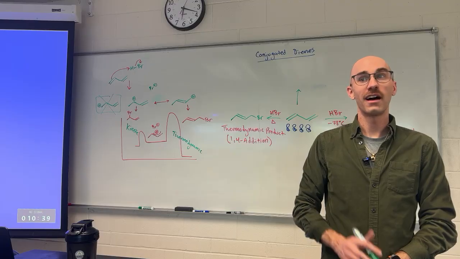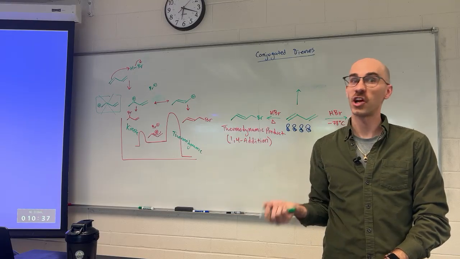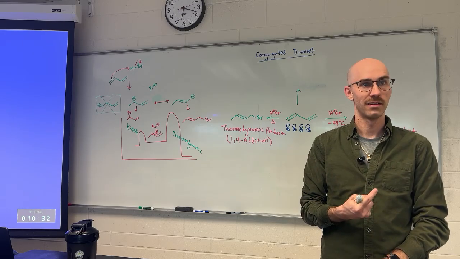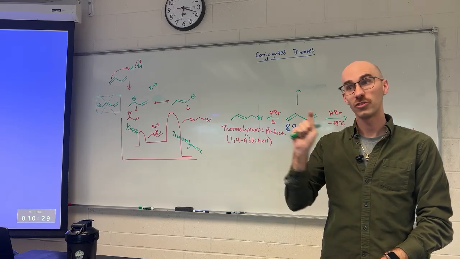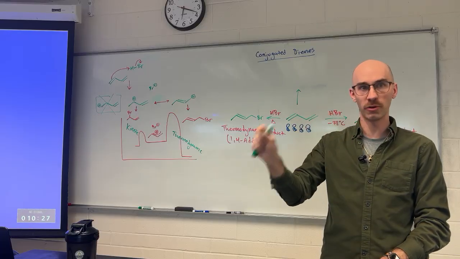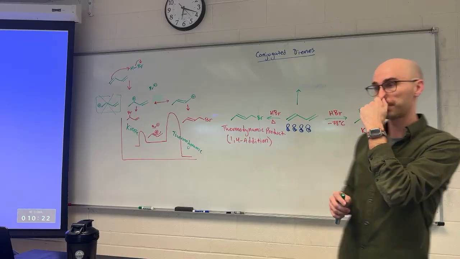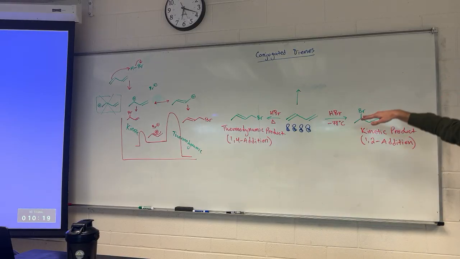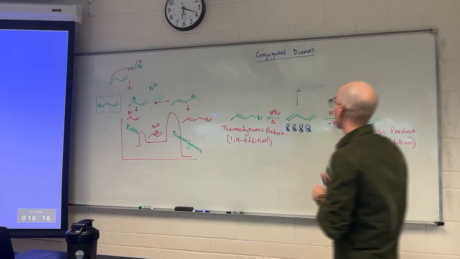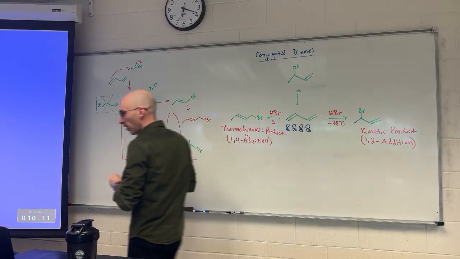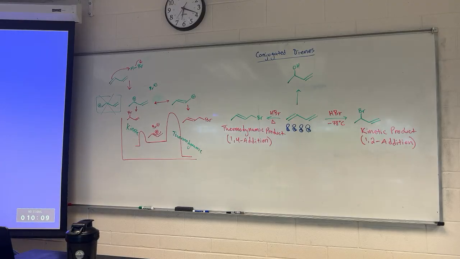So when working with a conjugated diene, the carbocation that forms is a resonance stabilized carbocation. And we can actually leverage temperature to control which carbocation we attack, which alkene we produce at the end. Going up, I've shown us doing hydration. Can you tell me whether this is the thermodynamic product or the kinetic product?